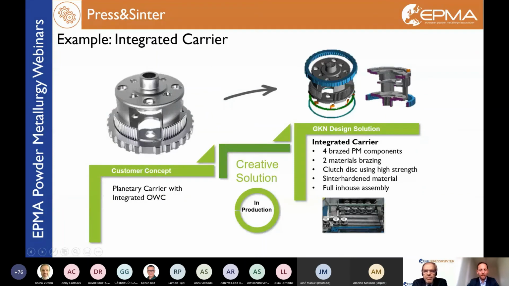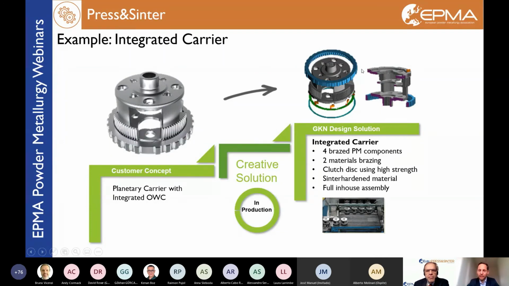This is as well a very good example and a very common technology now in automatic transmissions, in the first instance in China and in the US. These so-called planetary carriers, standard technology, die cast and everything machined, very, very big parts. This geometry is obviously not to be realized with conventional technology, but there is a so-called brazing technology.